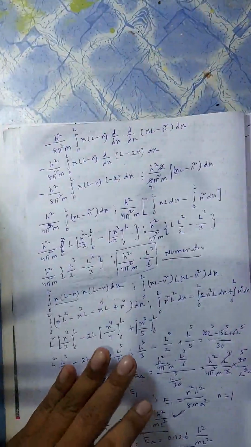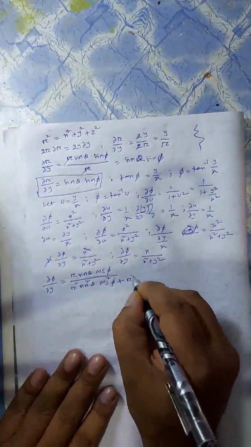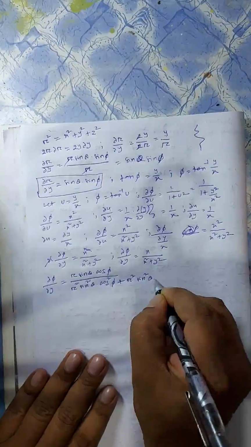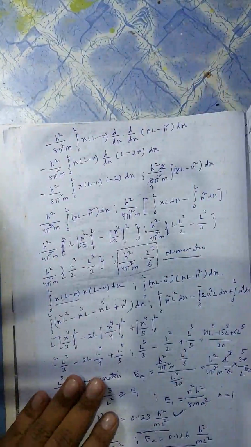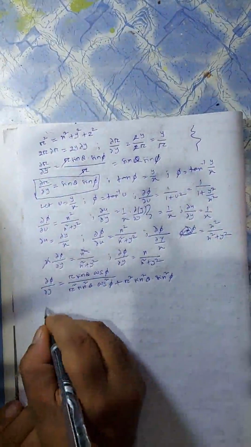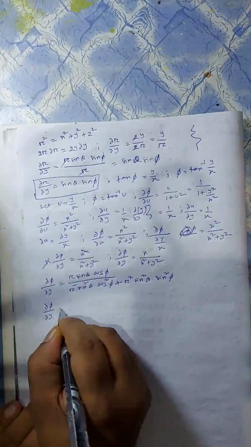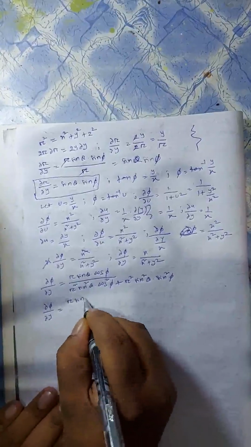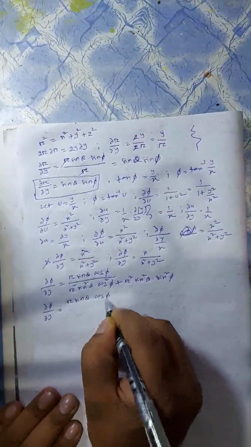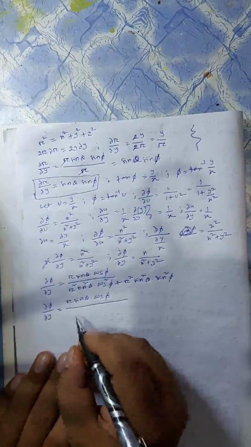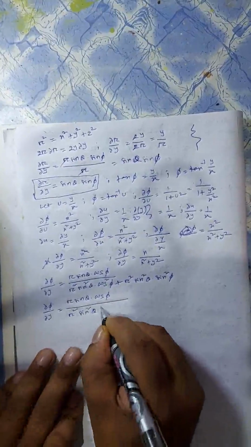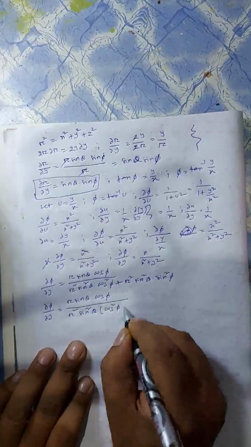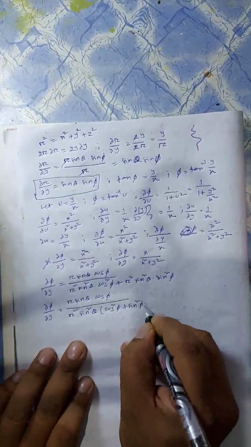Y is equal to R sin theta sin phi, so R square sin square theta sin square phi. Okay, then dou phi by dou y is equal to R sin theta cos phi divided by R square sin square theta. You take common, you get cos square phi plus sin square phi.